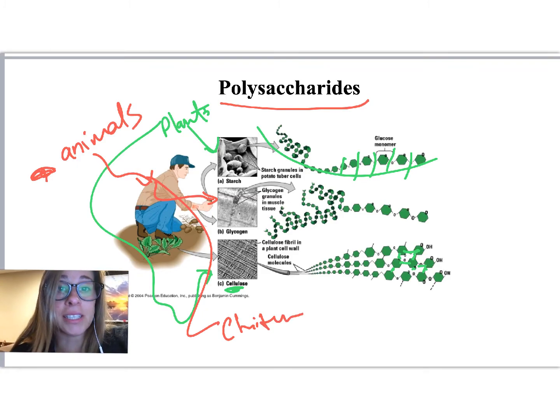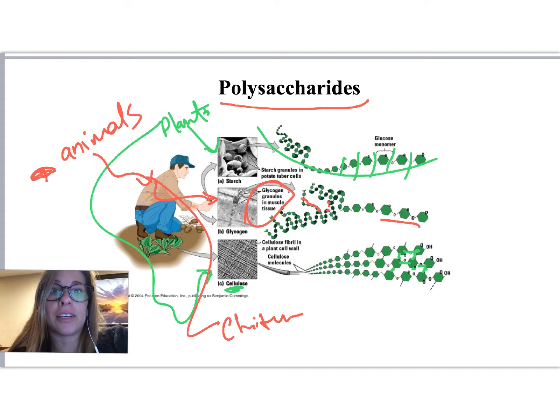Okay, so glycogen is how we are going to store our sugar a little bit more, sort of long term. So glycogen tends to branch off a little bit more. Okay, but this is stored within, for example, our muscle tissue. So if we need to all of a sudden run or have a burst of energy, it's there for us, so our muscle cells can strip it apart, break all these bonds open, and collect the energy.